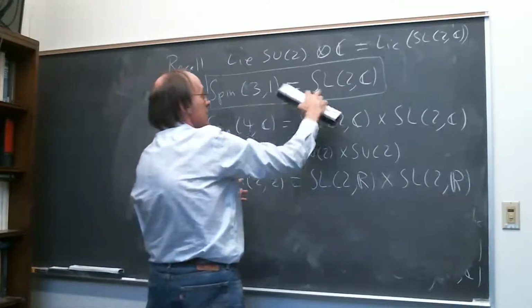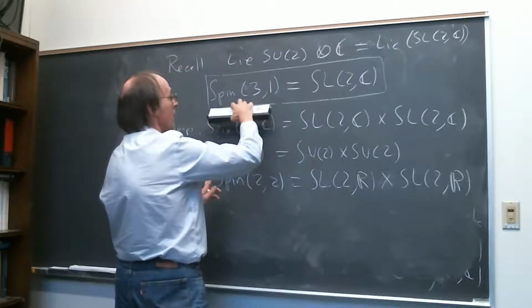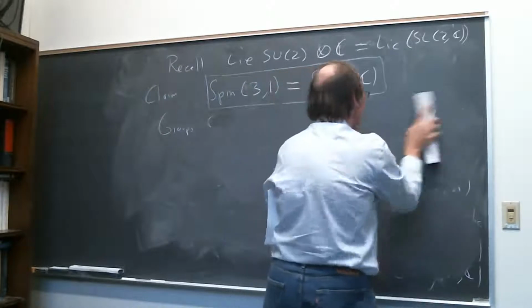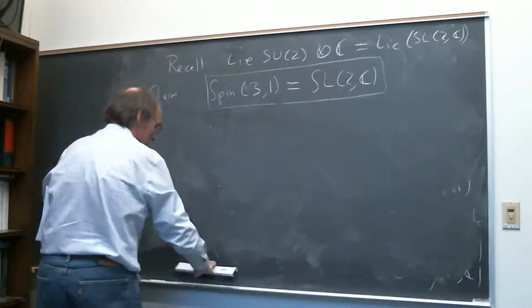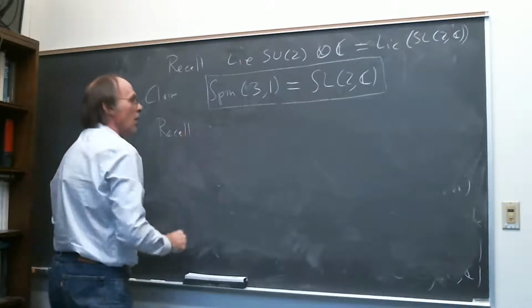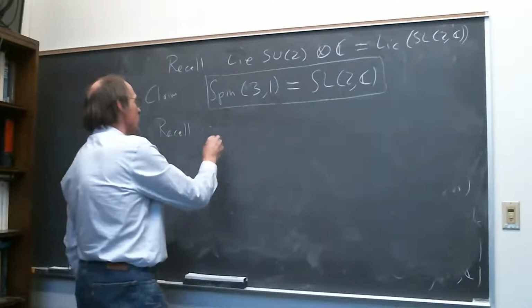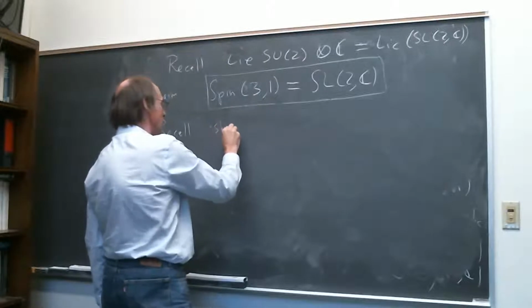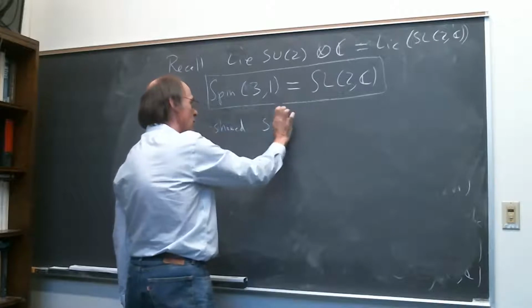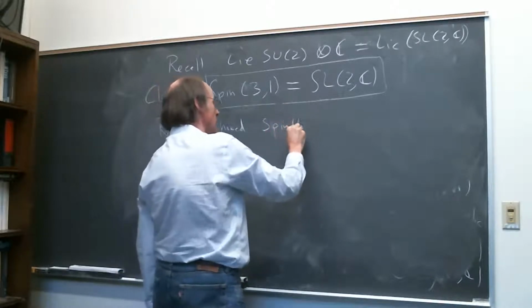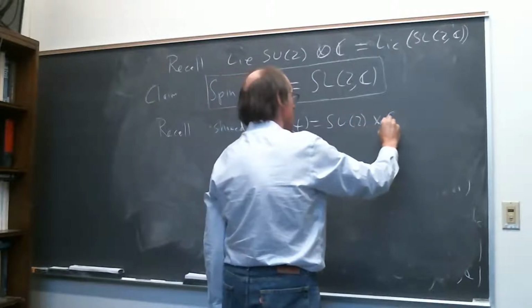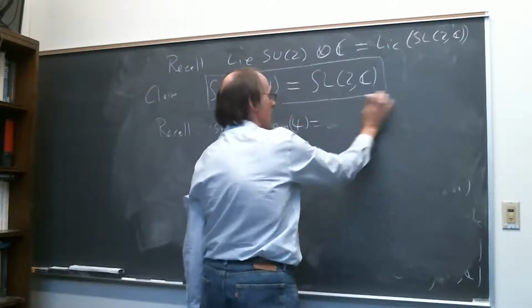But before I get to that, maybe it's a good idea to get a nice way of seeing that this is true, that you can work this way. And what we're going to do is generalize. So recall, we showed Spin(4) equals SU(2) cross SU(2), or maybe I called it Sp(1).